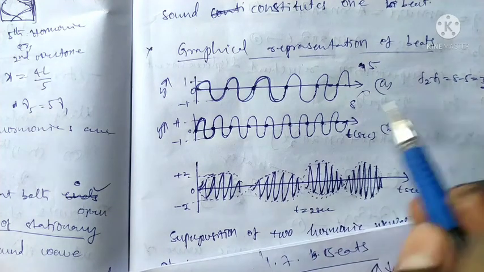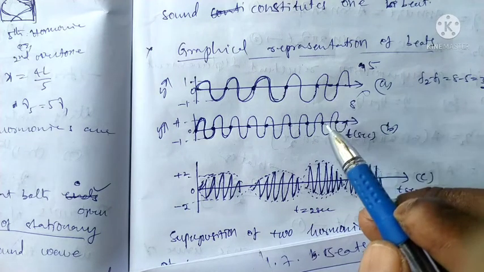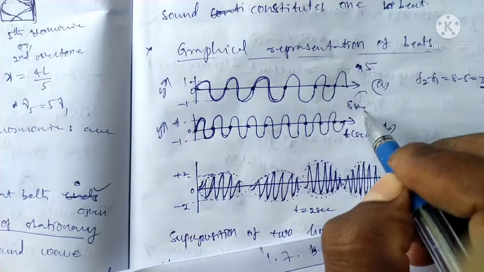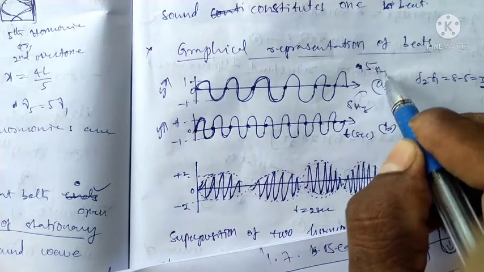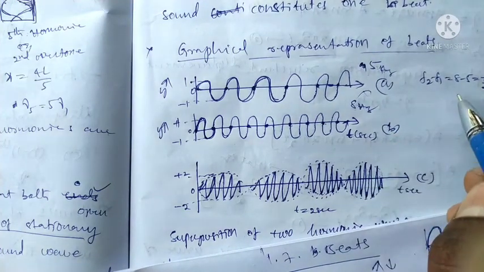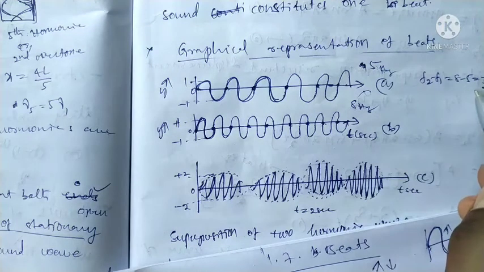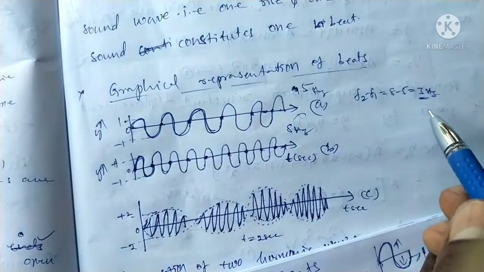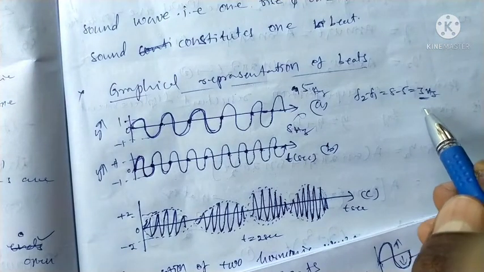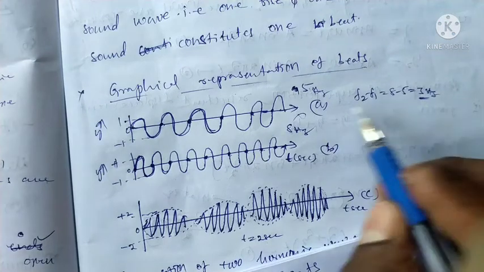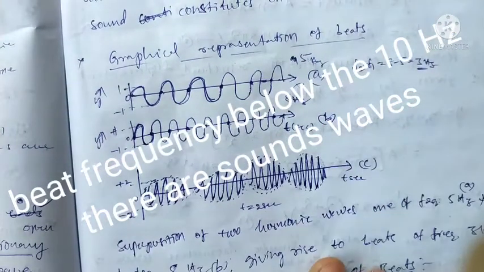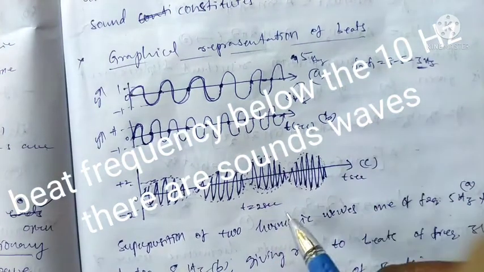This phenomenon is called beats. The difference in frequency between the two waves, suppose 8 hertz and 5 hertz, is f2 minus f1, that is 8 minus 5, equal to 3 hertz. That is 3 beats appearing.